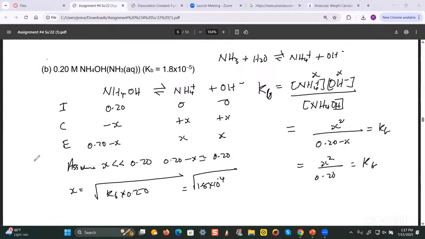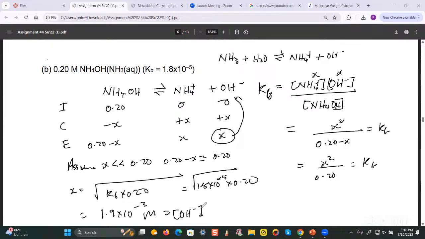Sorry, 5, not 4. Times 0.20. So let me see what that gives. 1.8 times 10 to the minus 5 times 0.2. And then I find the square root. So according to my calculation, this works out to be equal to, when rounded off to 2 sig figs, 1.9 times 10 to the minus 3 M. Now this here is x, which would be equal to the concentration of OH minus.